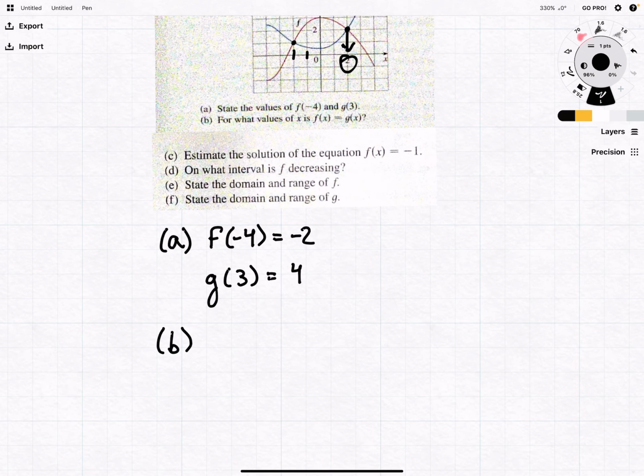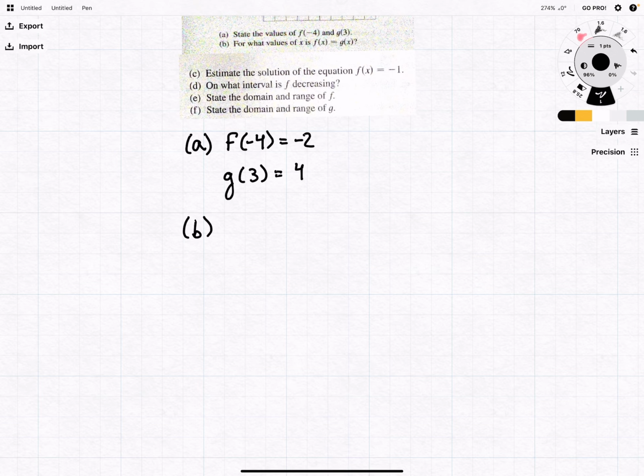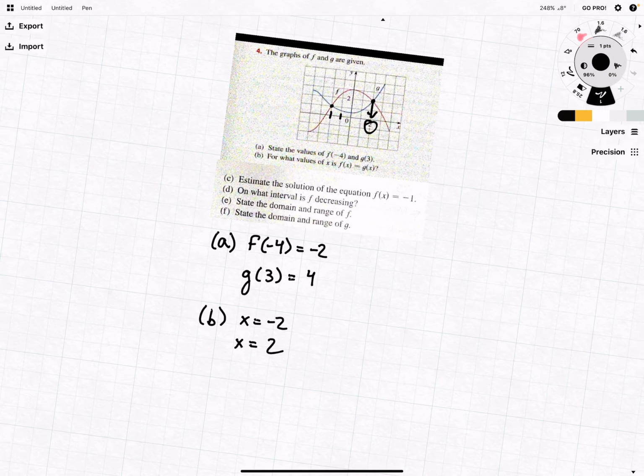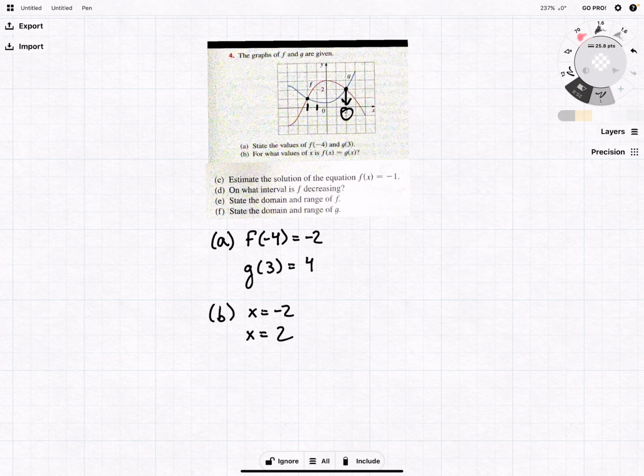So the x values, x equals negative 2 and x equals 2. Part C, estimate the solution of the equation f of x equals negative 1.